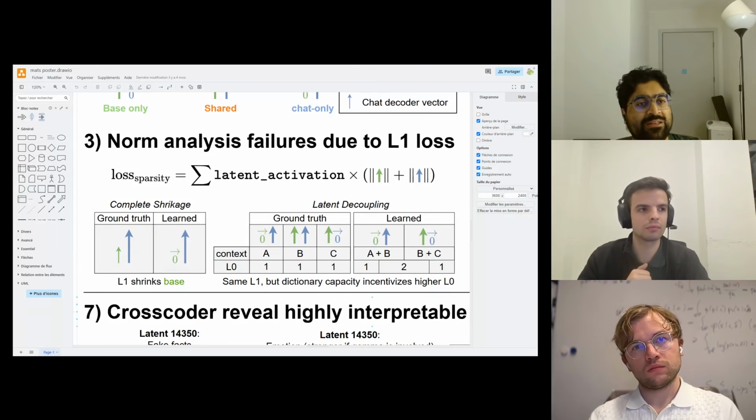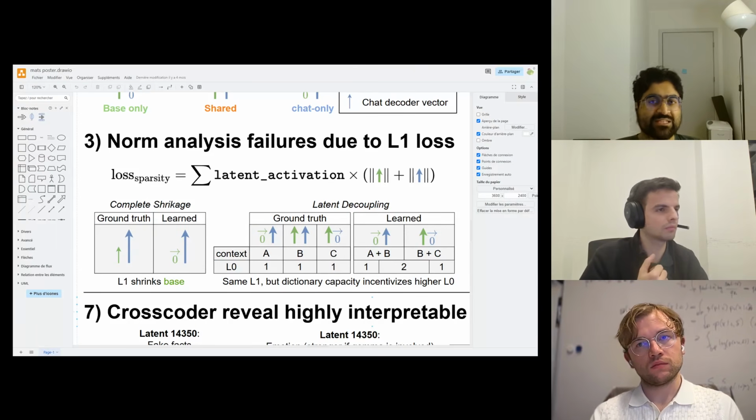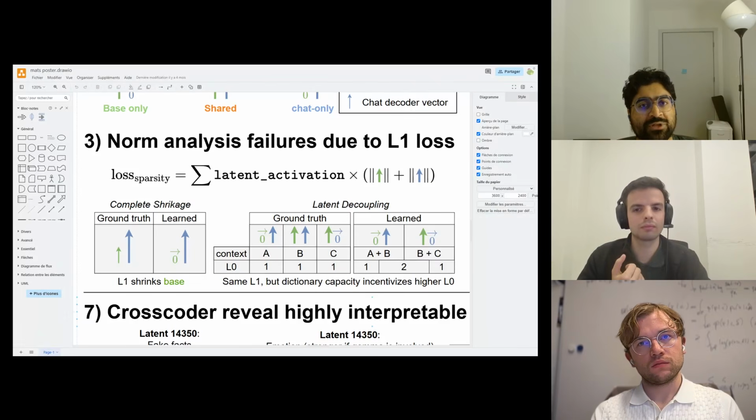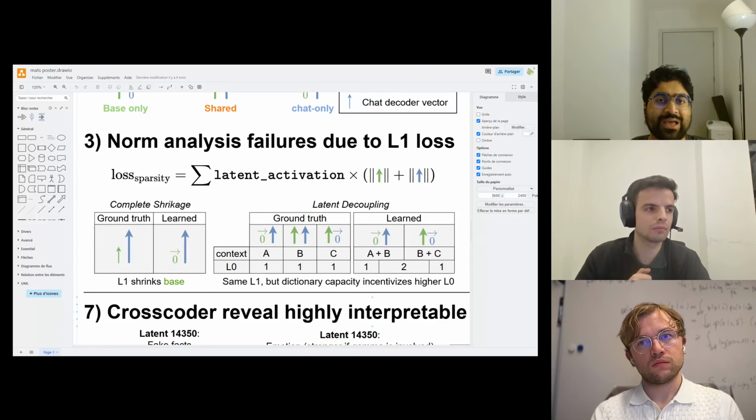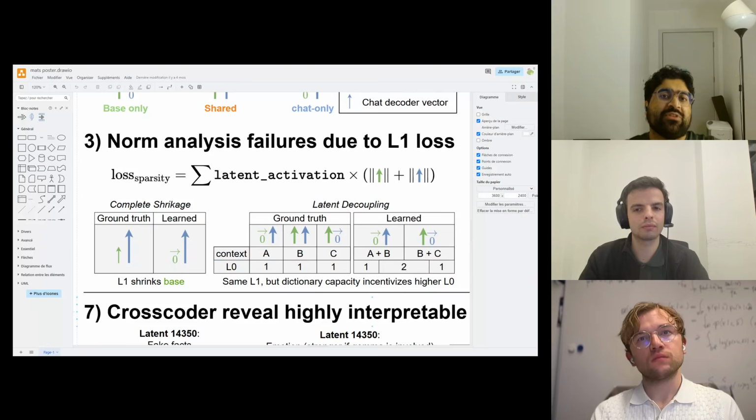And in the 5% when it's just the base model, this activates. In the joint 90%, this also activates. But I'll have a separate thing, which is chat dog, dog in the chat model but not in the base model. And as long as that also activates during the shared 90%, then you get the desired reconstruction.